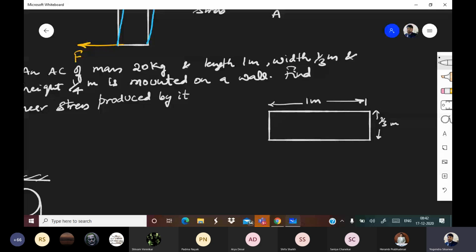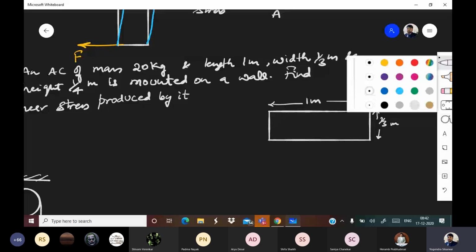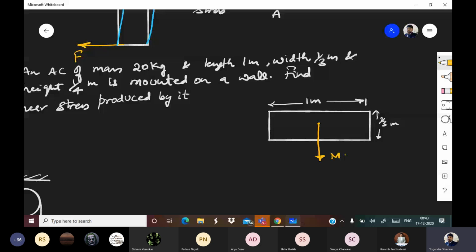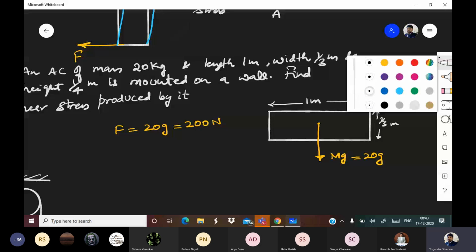So mg will be acting downward, and mg will be 20g. So F is equal to 20g, which is 200 Newton.